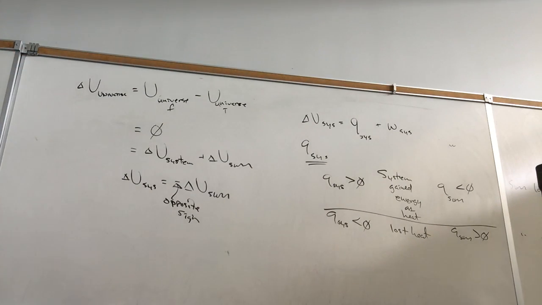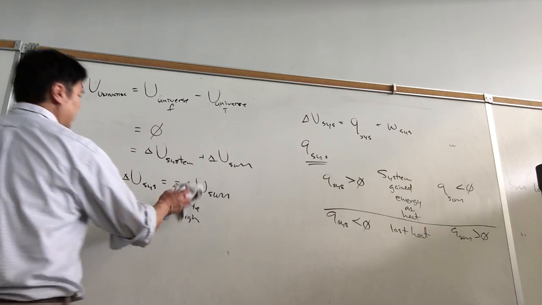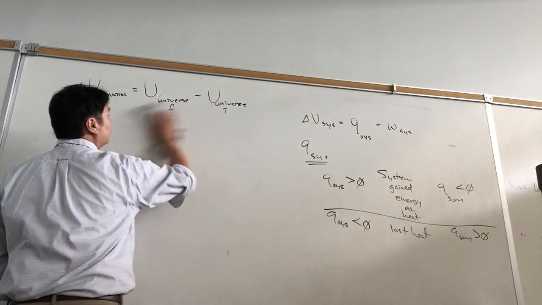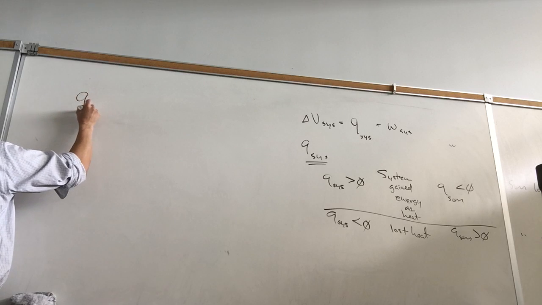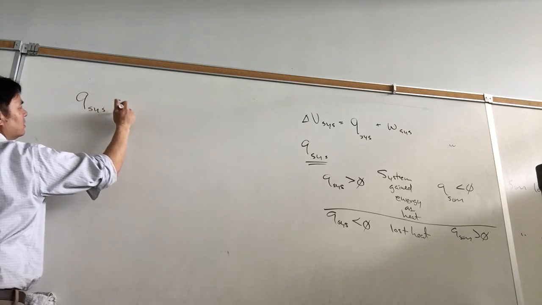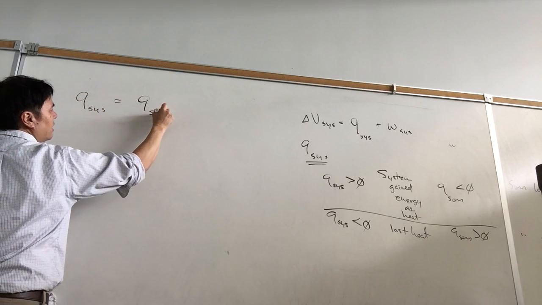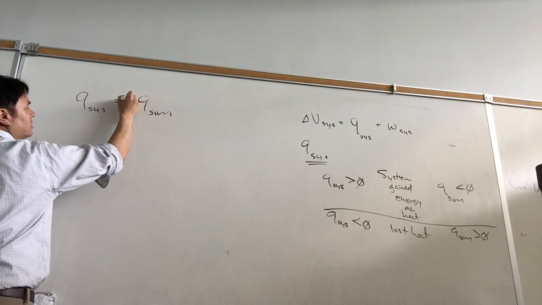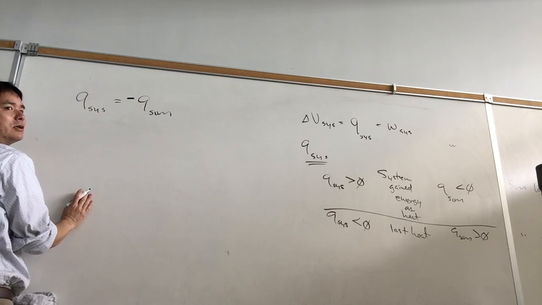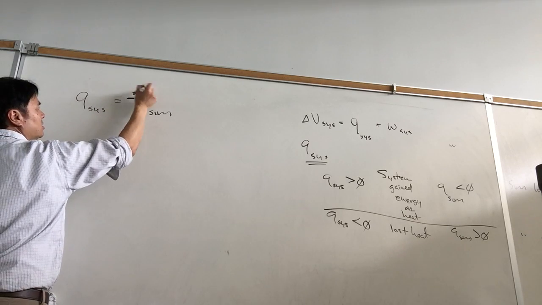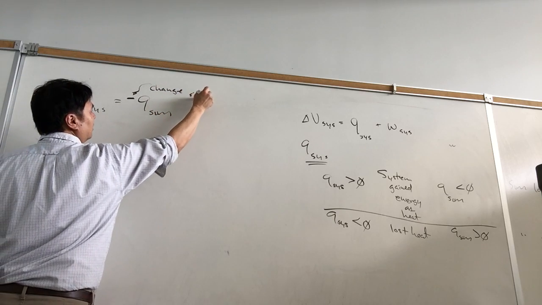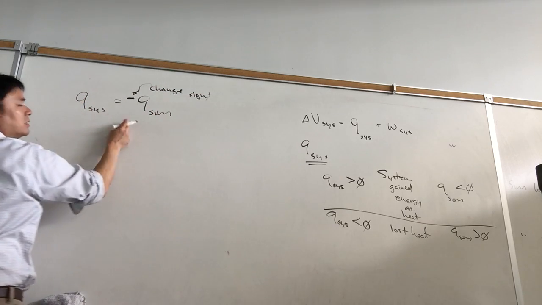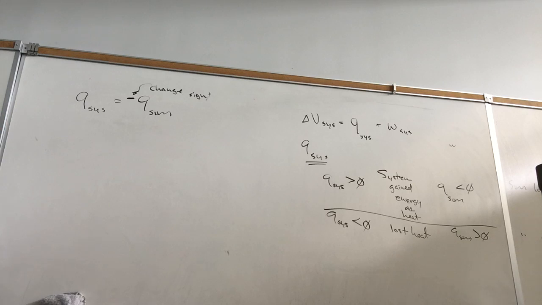Therefore, another way of thinking about the first law of thermodynamics is this: energy is neither created nor destroyed, so it's just transferred. Whatever the system gains or loses is going to be the opposite of the surroundings. So what we say is Q of the system is equal to minus Q of the surroundings. And the minus is just to change the sign, because the surroundings does the opposite of what the system does.